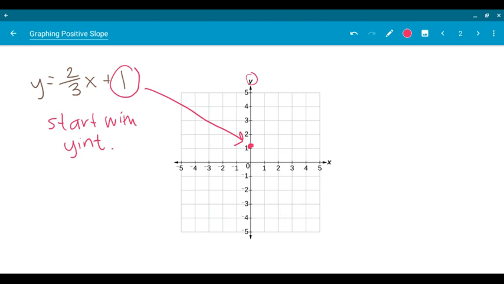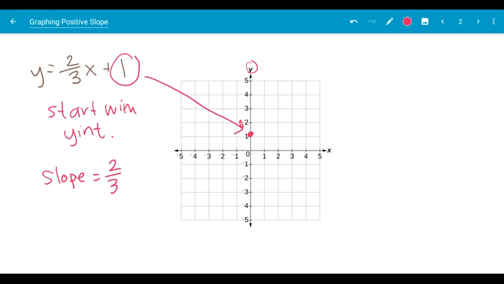Then you look at your slope. So your slope is 2/3. So now don't forget your slope is just your rise over your run. From the point that we made earlier, so this guy right here, we're going to rise 2.